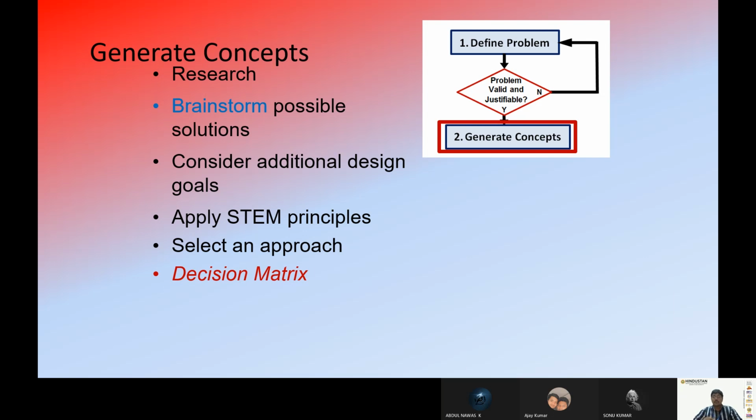But it should hold good while you are applying the particular principles and laws to the design. So that is the second thing, that is generate concepts. The first step is you identify and define the problem, okay. The second one is generating concepts. How to generate the concepts is the important thing that we are going to discuss in this particular session.